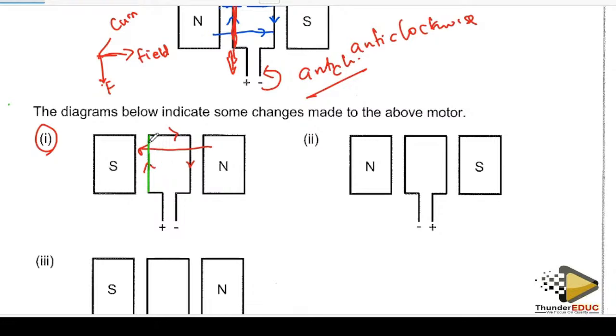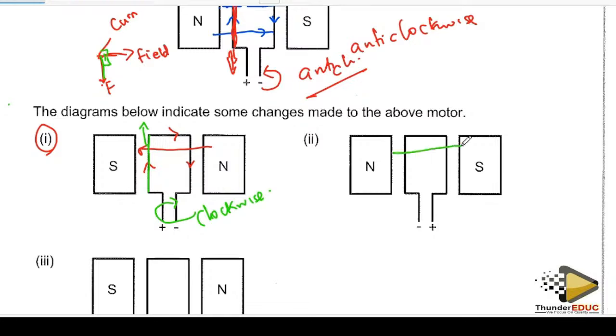Yes, this is going to be moving upwards, because current is moving that side. If I draw more or less the same thing, where this is at 90 degrees to each other, it's going to be moving upwards. This is a clockwise direction. Let's look at option number 2.